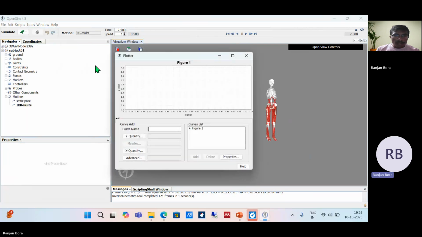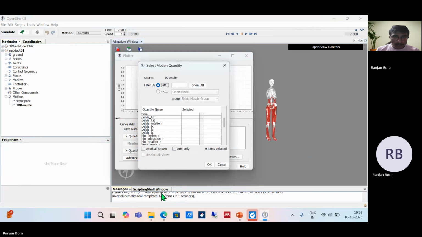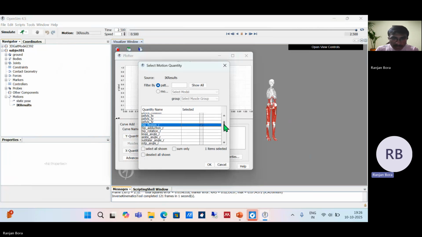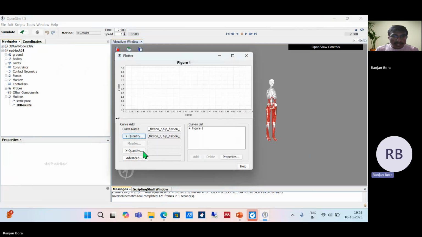You can plot, let me show you. You can plot this pelvis rotation, hip flexion, hip adduction. Okay, hip flexion. This is for the right hip joint. We'll select the left hip joint, hip flexion L. Then for the X quantity, we need to select time.